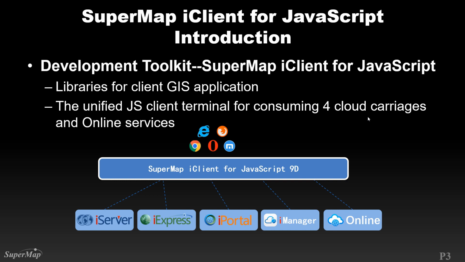It can be used to obtain various resources, including the services offered by iServer, iPortal, and iExpress as well. What's more, the resources of GIS services provided by SuperMap iManager, as well as public cloud online services offered by SuperMap, can also be integrated with iClient for JavaScript.